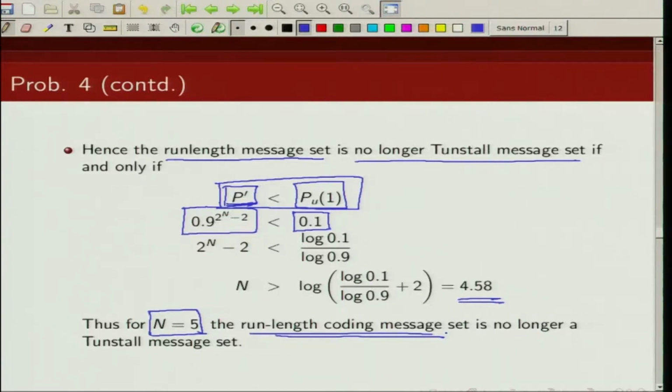So, for n less than 5, that is n equal to 4, 3, 2, for those values of n, run length coding for this particular source is going to be a Tunstall message set, but for n greater than or equal to 5, for this particular source the run length message set is not going to be a Tunstall message set.